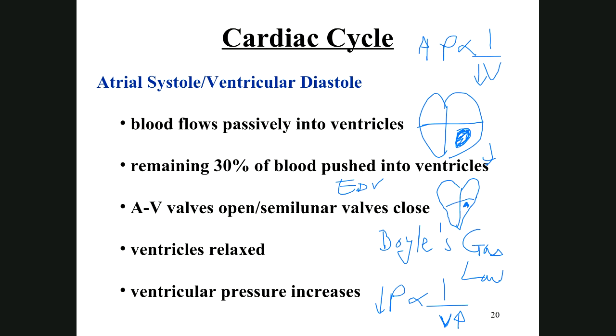You can see that the volume is getting smaller. The volume here means the space within the ventricle. The ventricle squeezes like this, so you can see the lumen getting smaller. That means inside of that, the pressure will be increased.